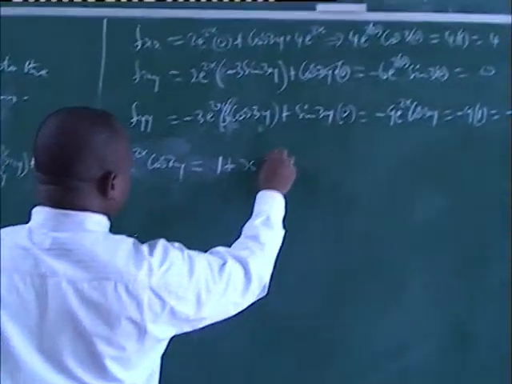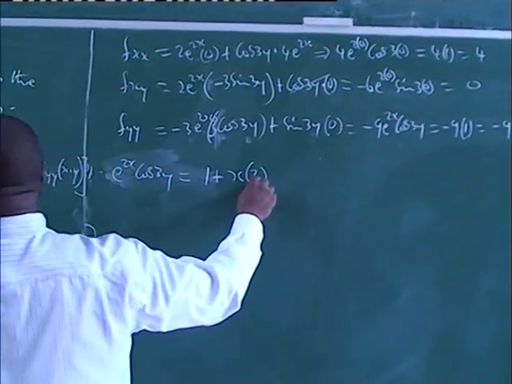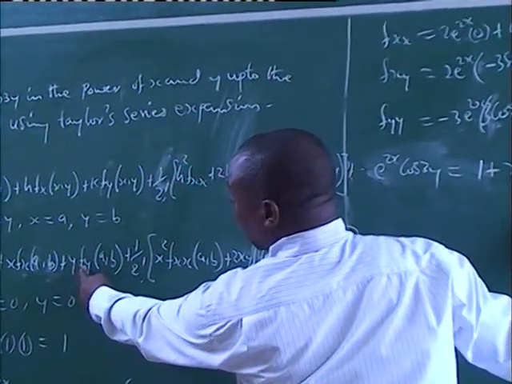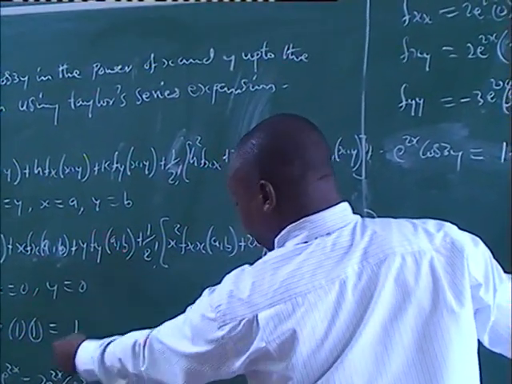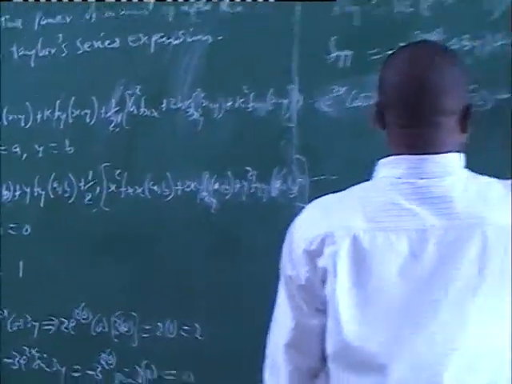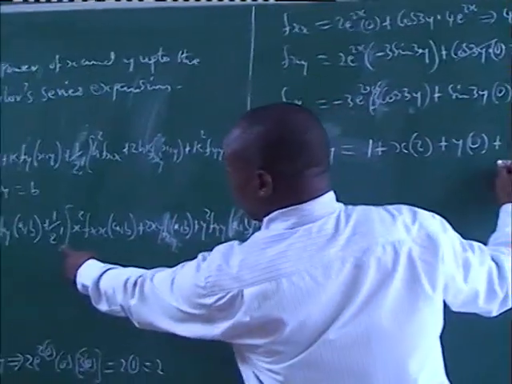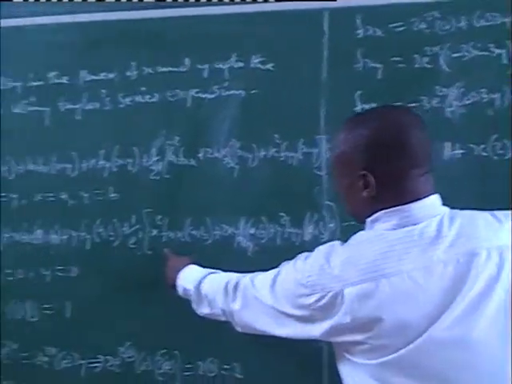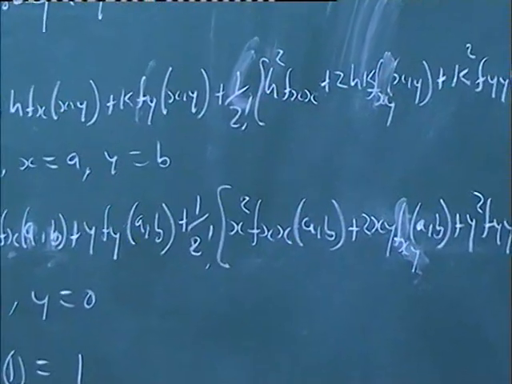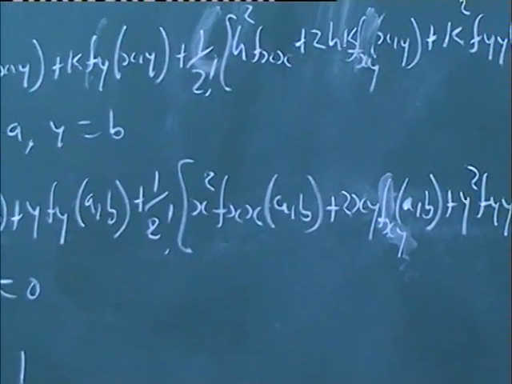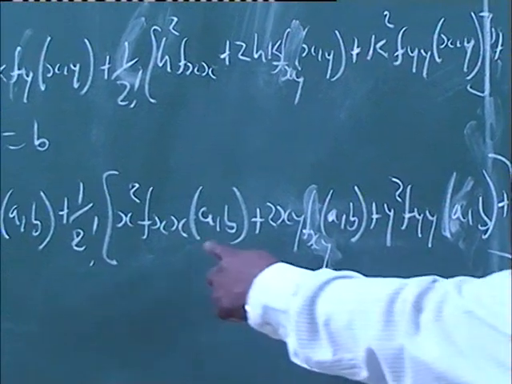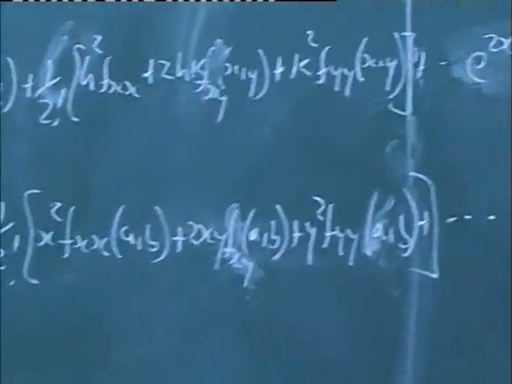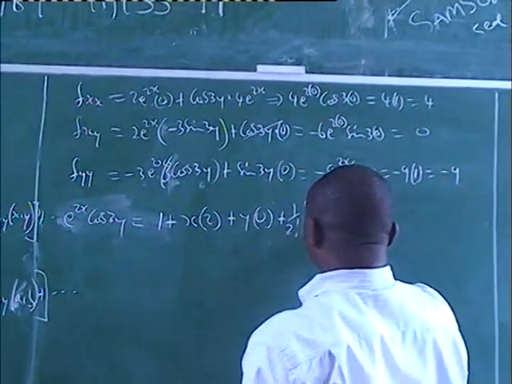So we have 2 at that point, plus y, and then partial f partial y at this point gives us 0, plus we have 1 over 2 factorial, then we have x squared times the second derivative of f with respect to x, which at that point gives us 4.